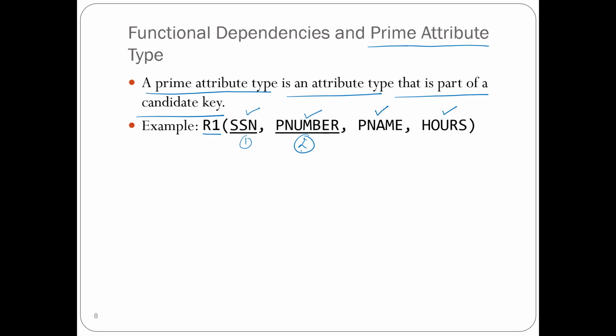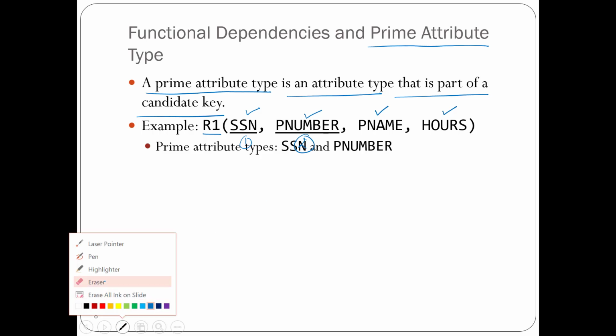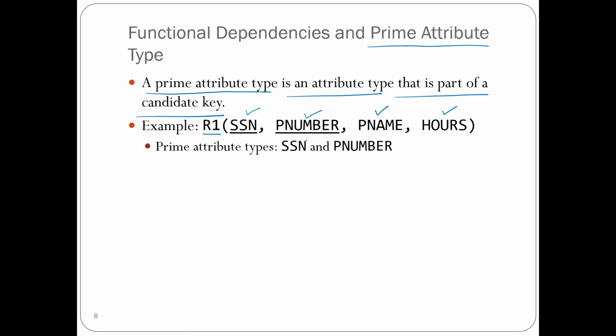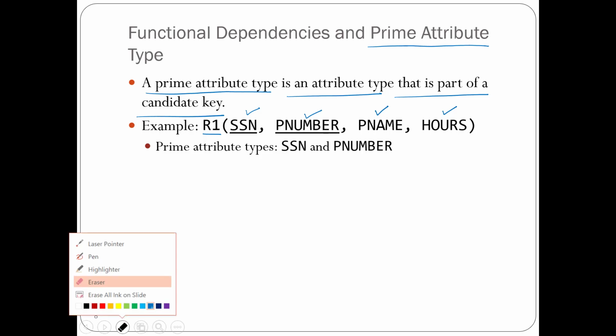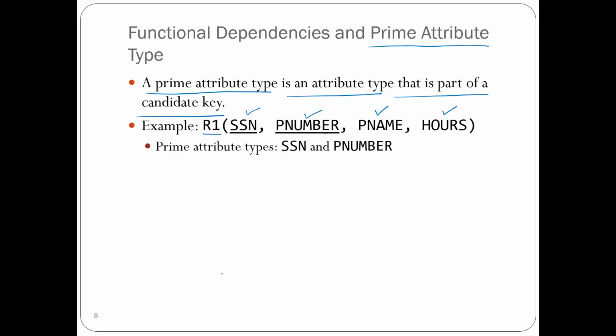Now, when you know that your candidate key has two attributes, social security number, SSN, as well as P number, then SSN and P number, if you take them one at a time, are the prime attribute types. So here the prime attribute types are SSN and P number.